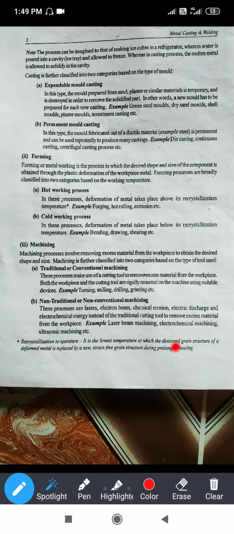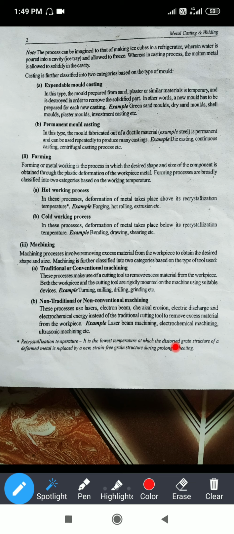In casting and forging, once the product is made by that manufacturing method, the final finish for that product is given by machining. Machining is used for giving the finishing of those products.